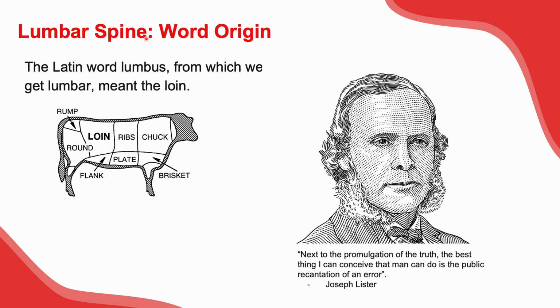The word lumbar comes from the Latin word lumbus, which means loin, and for the meat lovers out there, they already know that loin means the meat that comes from the end of the back of the cattle. So I'm talking about the lumbar spine, I mean the vertebrae that are at the end of the back.